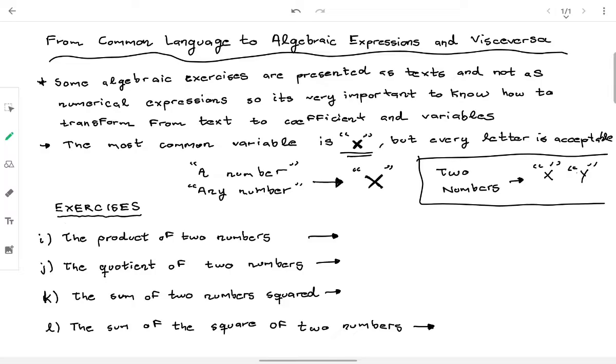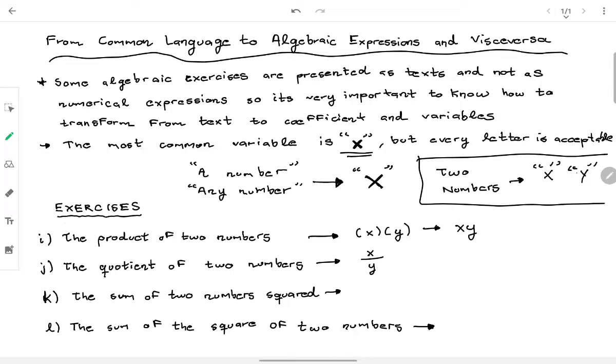In this case, the first exercise says the product of two numbers. So remember, we can put x multiplied by y, but we can also put it without parentheses, only xy. In the next one, the quotient or the division between two numbers, it's going to be x divided by y.